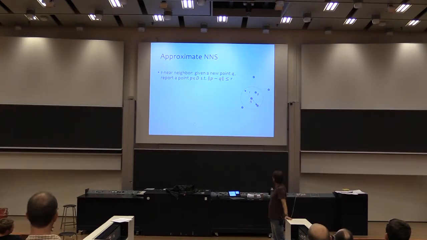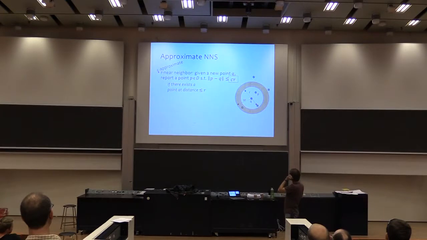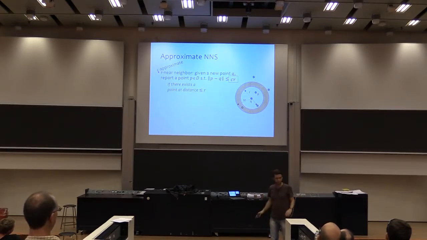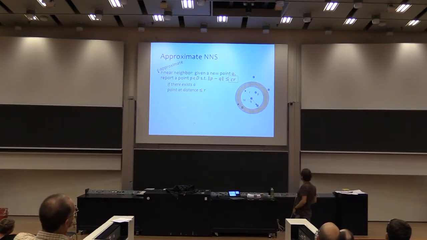So now let me define what is the approximate version. C from now on will be the approximation. Think of C like 2, for example. And what is the approximate version? Basically, we introduce this gray area, where in some sense, things may or may not happen. And formally, the definition is as follows.